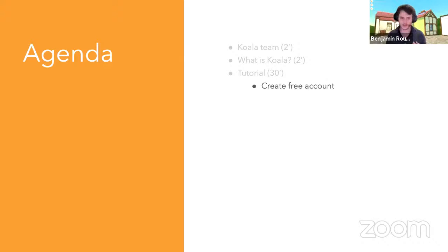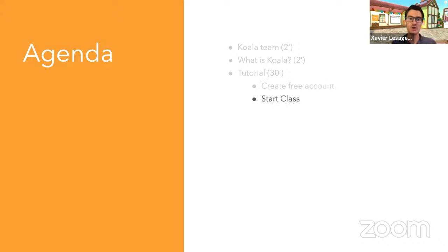Feel free to keep sending it in the chat while I go on. Thanks, Chris, for sharing. What we'll show you today is, first of all, how to create a free account with Koala. We'll walk you through those steps. We'll show you how to start a class, how to move your avatar in the virtual classroom. You'll see it's very easy.